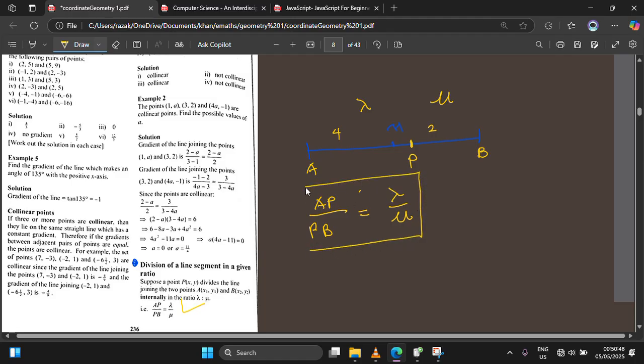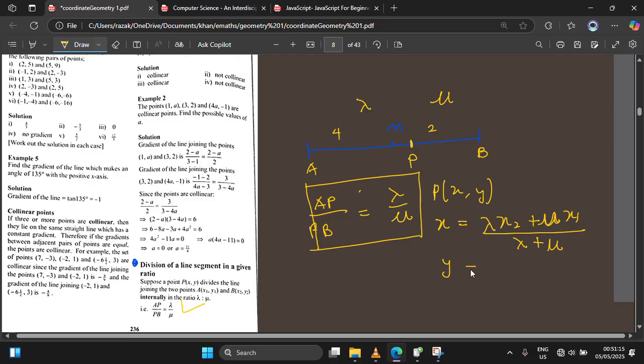This is the ratio. The formula for finding the coordinates of P, right? So P has x, and then it has y. What is the value of x? x is given by lambda x2 plus mu x1 over lambda plus mu.